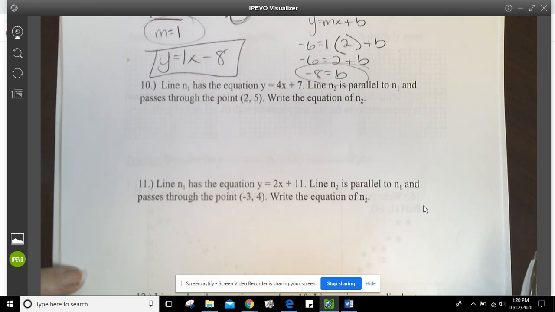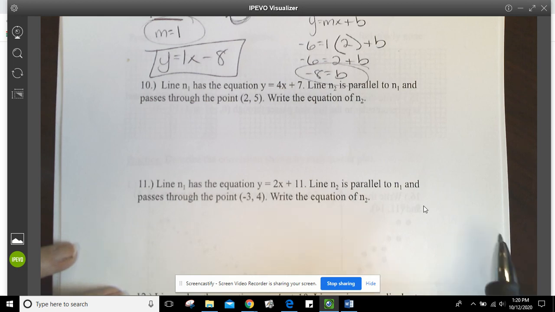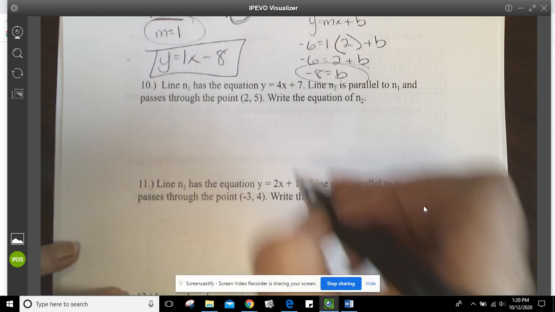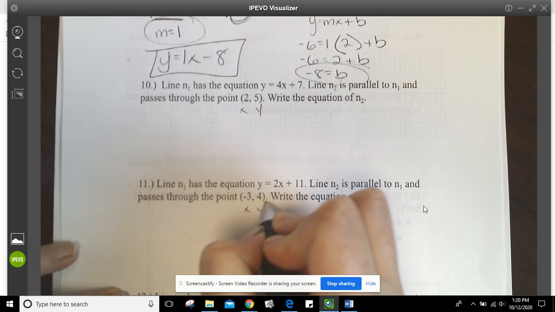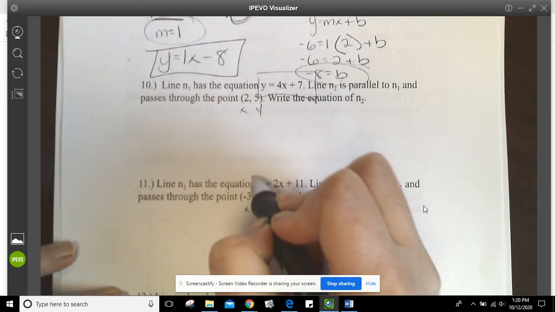All right, so I want you to try 10 and 11. It's the same type of problem. They give you a point x, y, and they tell you it's parallel to this line.